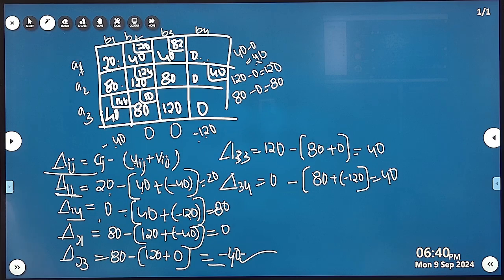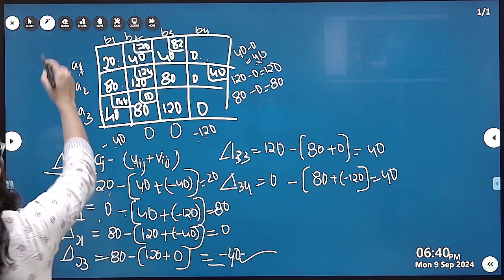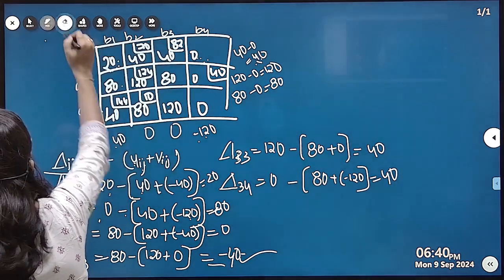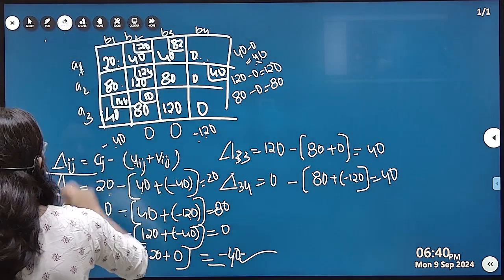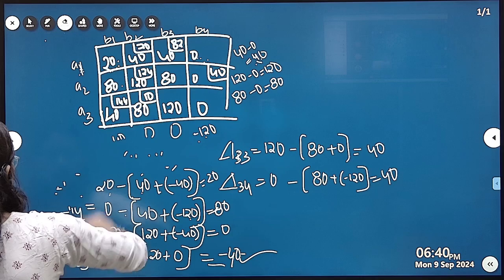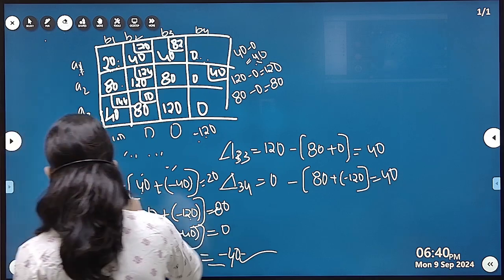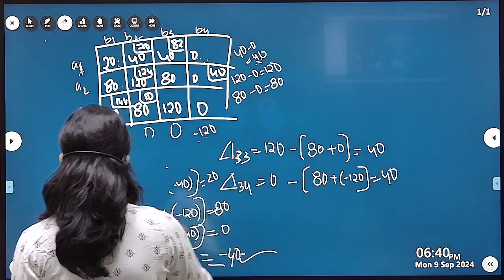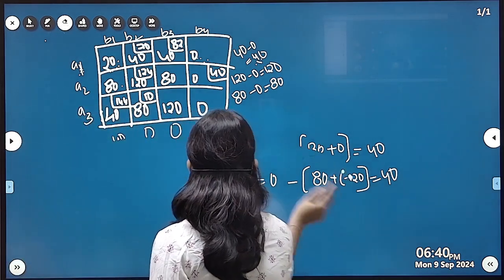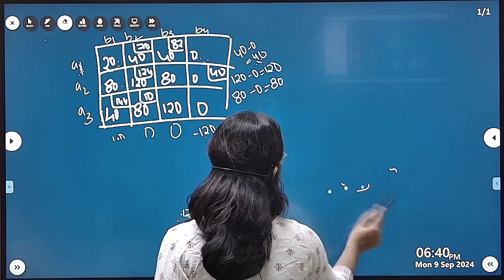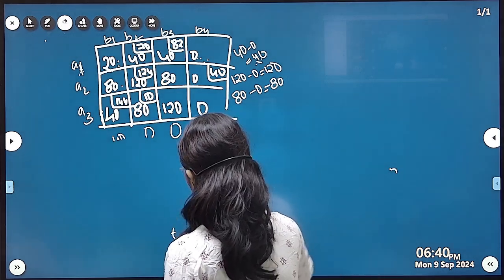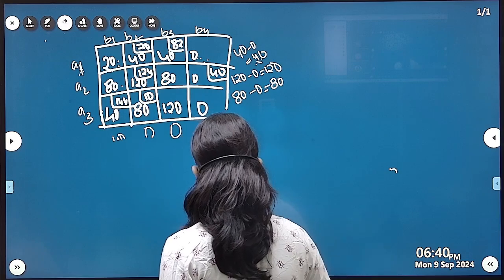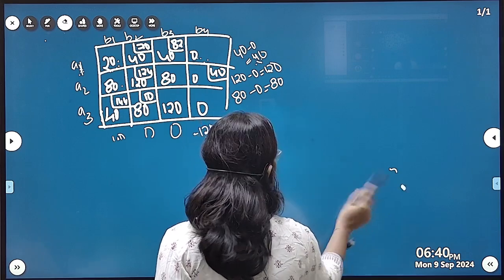Yes, ma'am. So now the solution we have obtained is not optimal. So now what we need to do? We need to make the matrix, so we need to do some changes in the matrix. So what changes are required?